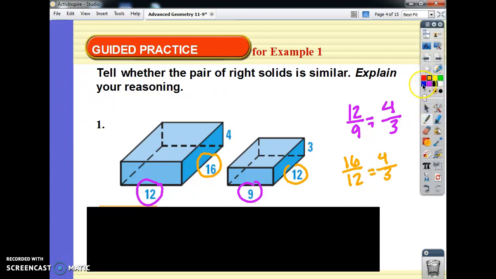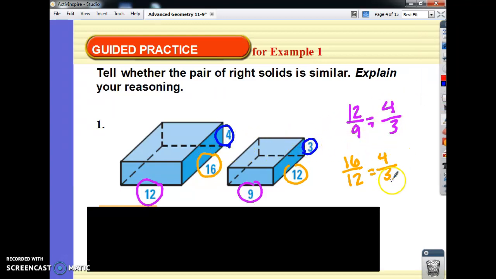And let's look at the last side. Our height of 4 versus 3 is also that 4:3 ratio. Therefore, these are definitely similar right rectangular prisms, and their scale factor would be 4:3. Their ratio is 4:3.